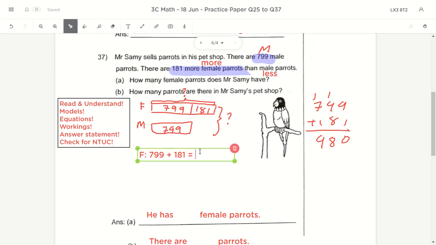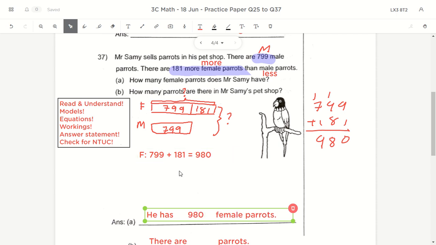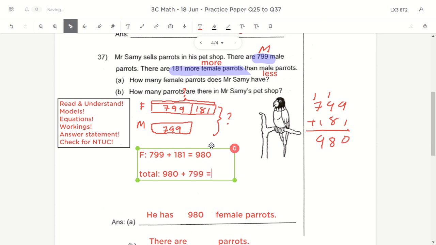So there are 980 female parrots. This is part A. Now you want to find the total. Basically use male plus female, so 980, which is the female, plus the male, which is 799. That will give you the answer.